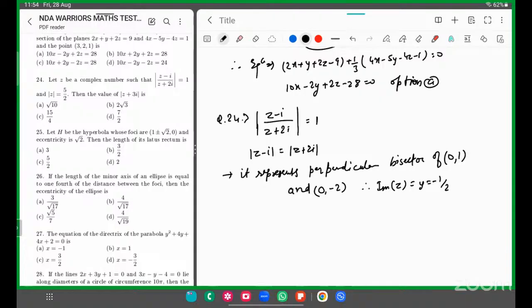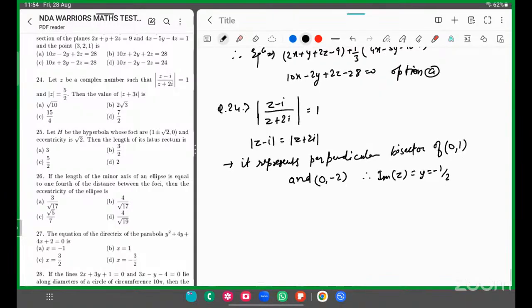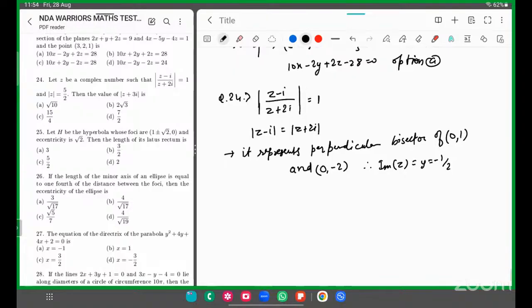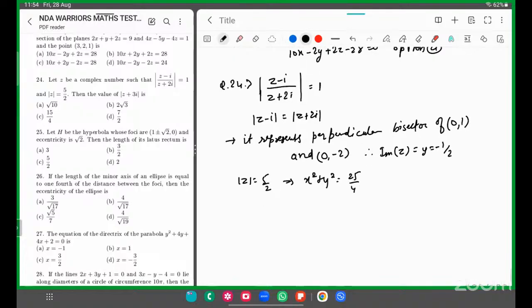So they are given that mod z is equal to 5 by 2. This implies x square plus y square equal to 25 by 4, right? And here we can say that x square equal to 25 by 4 minus 1 by 4. That is equal to 6.